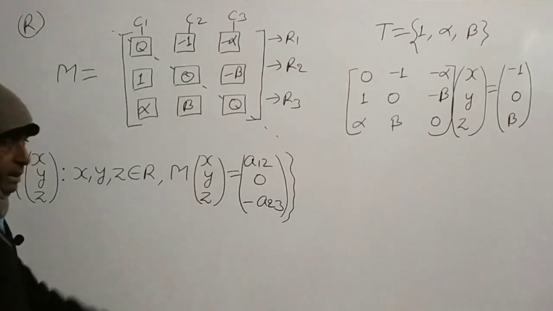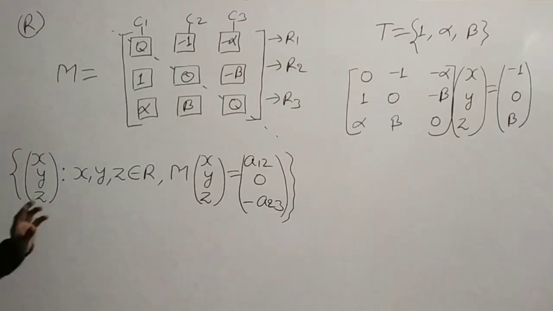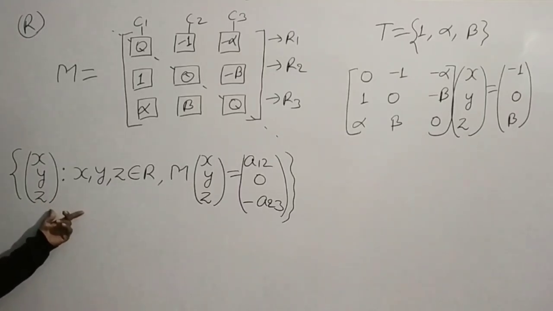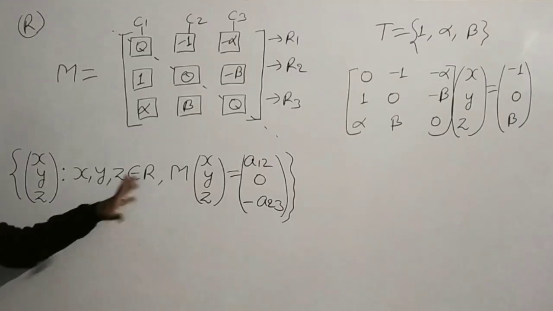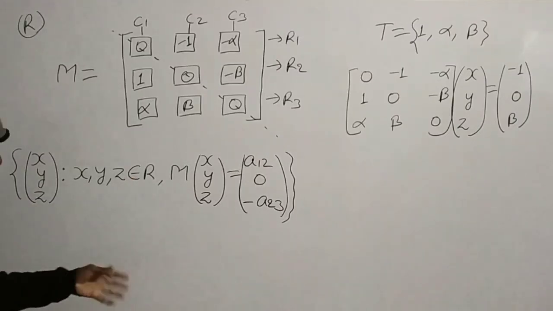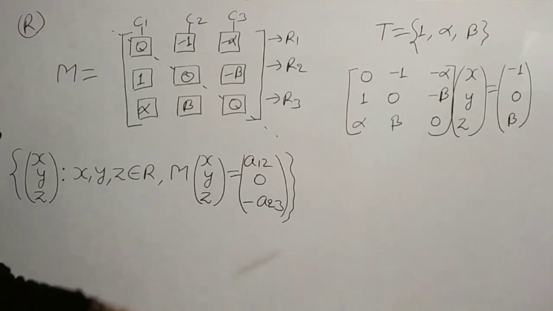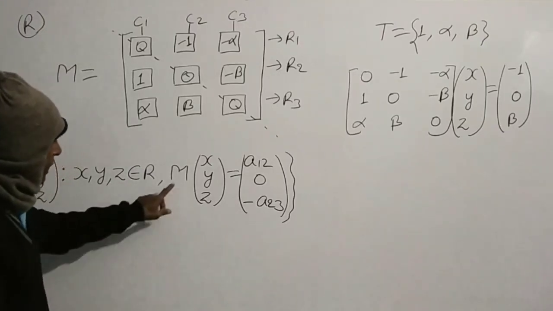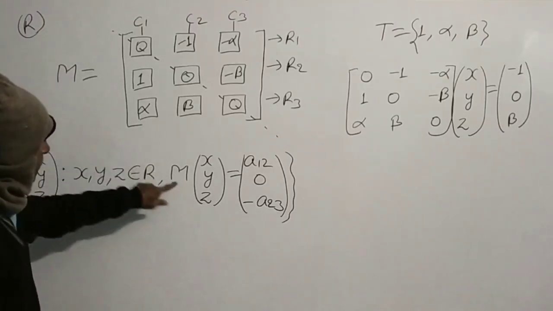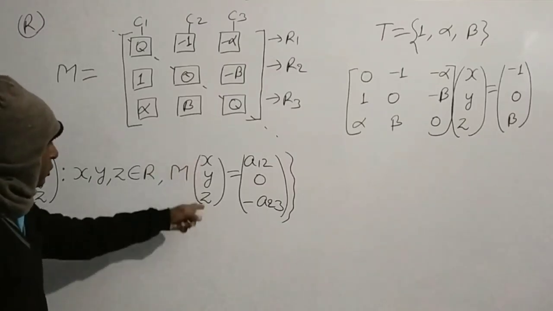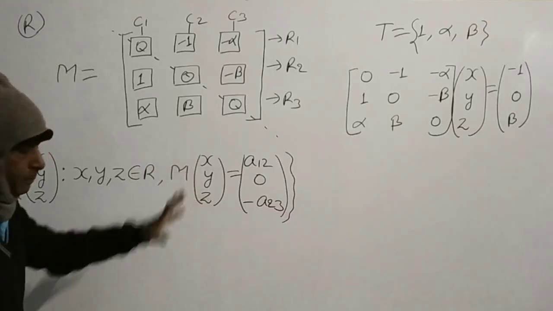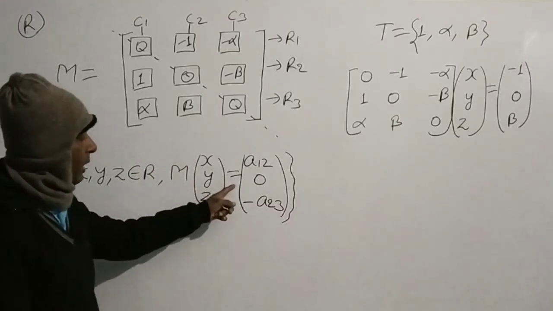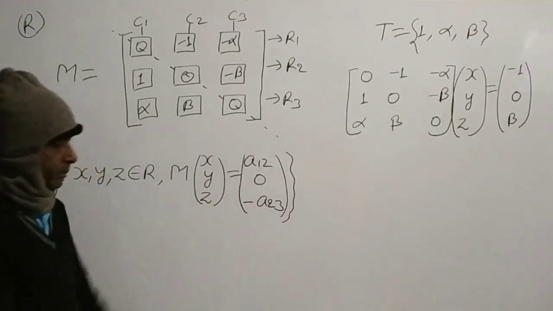Now it is asked how many elements are in this set such that x, y, z belong to R, real numbers, that satisfy this condition: the matrix M times this column matrix x, y, z is equal to this column matrix.